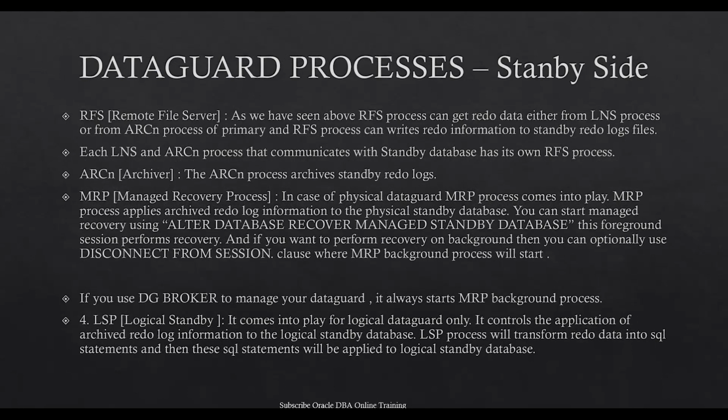Each LNS and archive process that communicates with the standby database has its own RFS process, so multiple RFS processes work together to communicate between the primary and standby database. The archiver process is also active on the standby database.